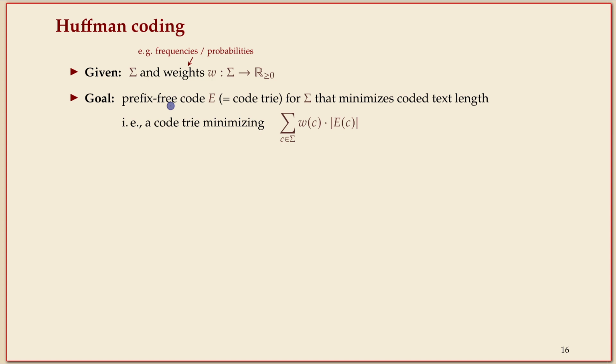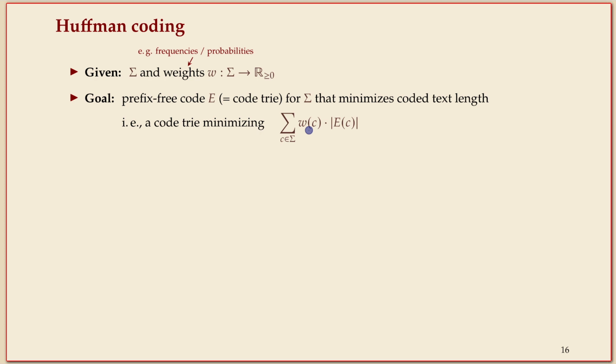And it should be a prefix-free code so that we can represent it as a trie as before. And the goal is to minimize this sum, which is summing over all the characters in the alphabet, the length of the code word times the weight that we assign to that character.